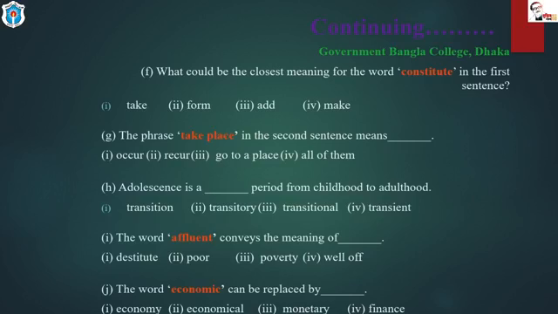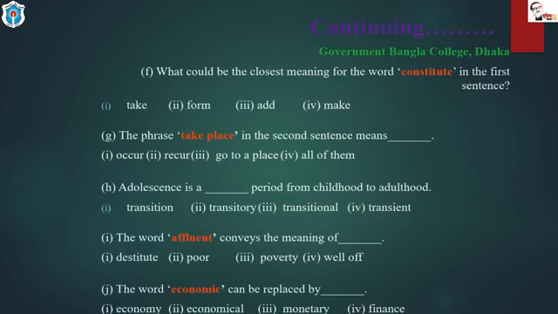Okay, very good. Constitute has a synonym, and the synonym is form, F-O-R-M. So we will not take the answer of 1, 3, and 4. Take, add, and make are not the proper synonyms for constitute. Constitute has a very close meaning with form.